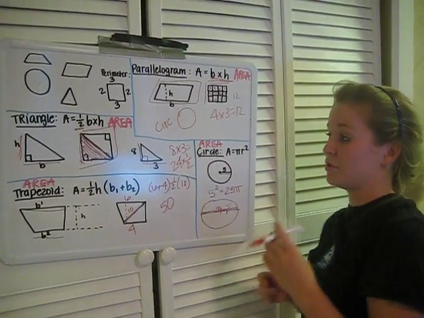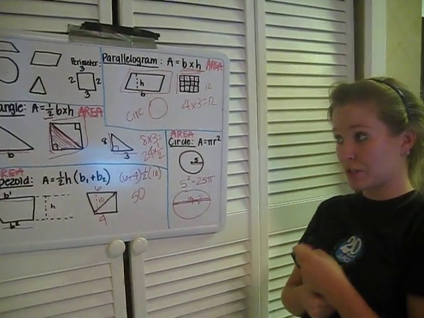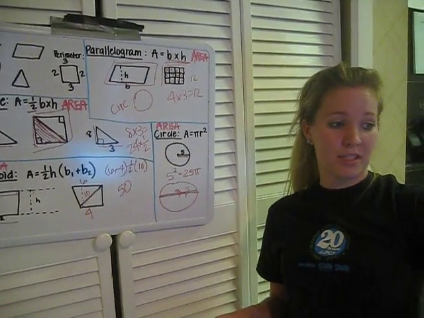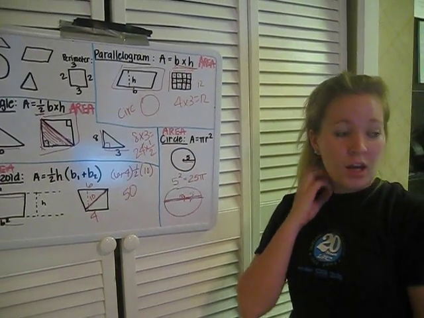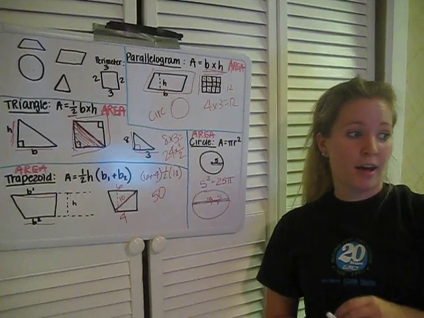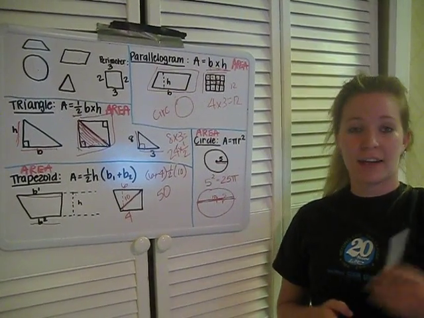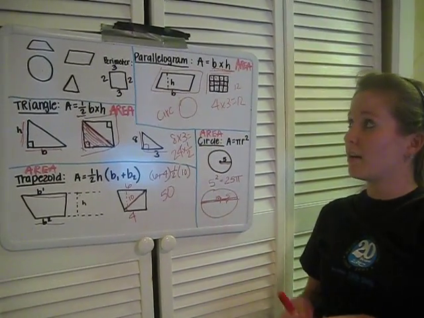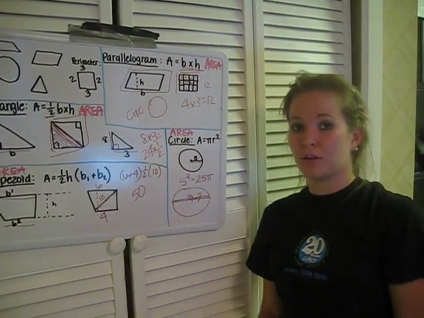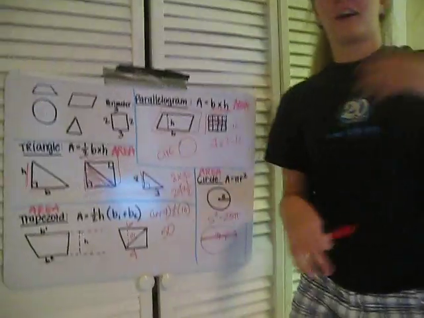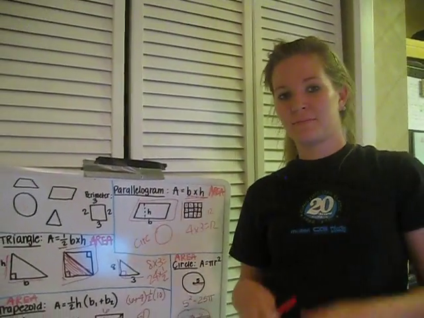So that's how we do the area of a circle. Does everyone understand how to do this? Yes. Okay. Now we're going to do the activity to reinforce this whole lesson on areas. And so we're going to go to the computer lab and go find out how to do these ourselves. All right.